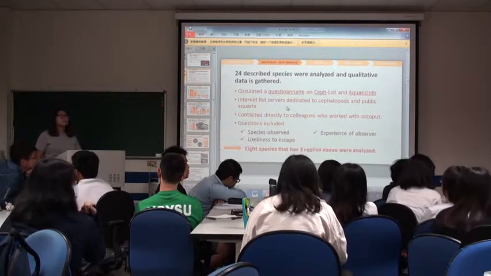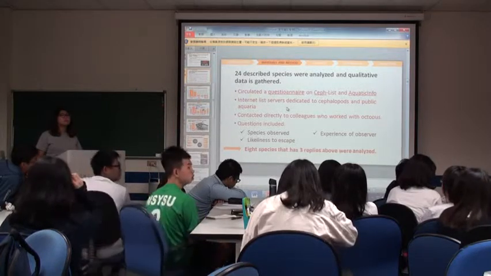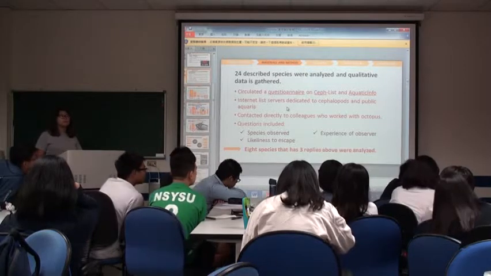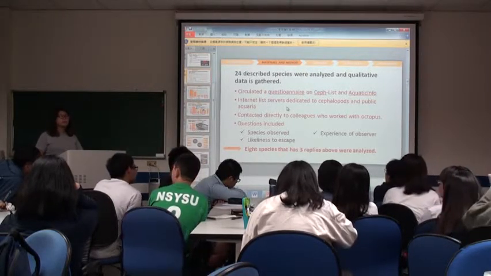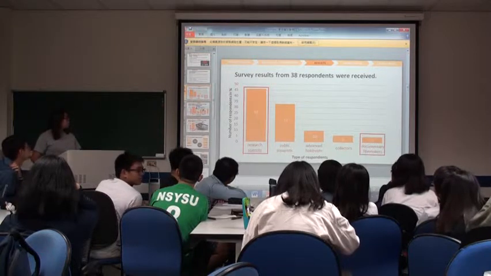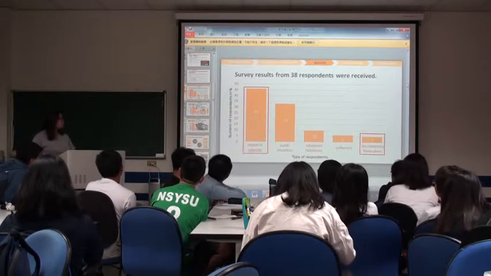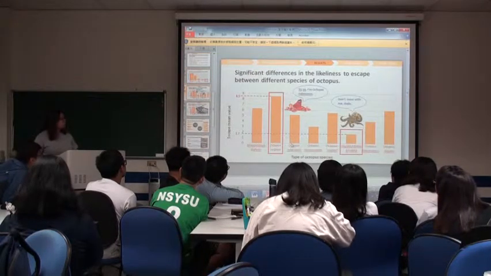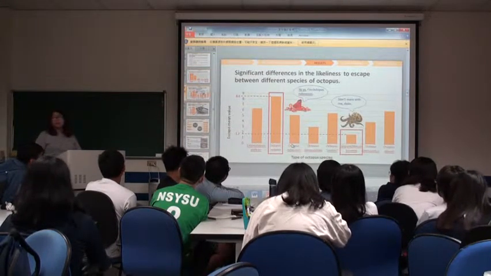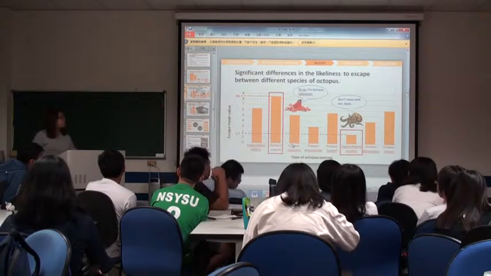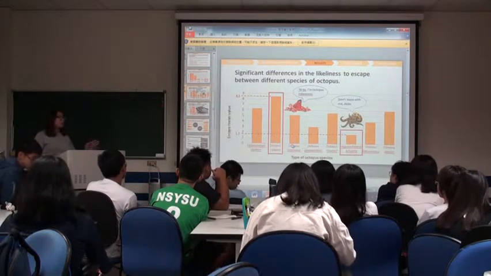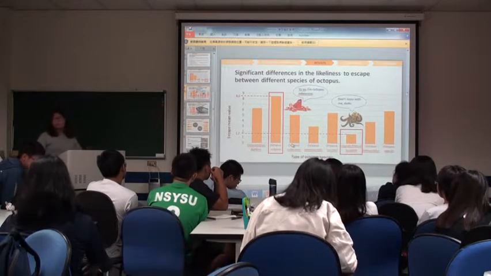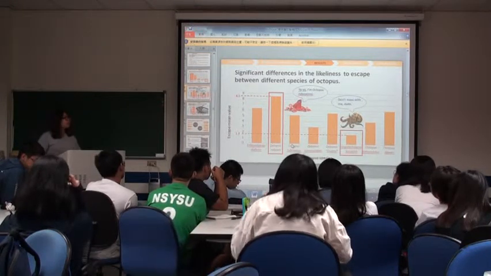The question is whether the octopus escape mean value is about one factor, the biological factor or the environmental factor.